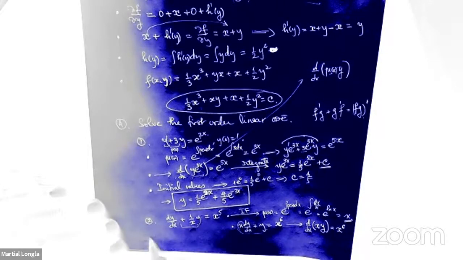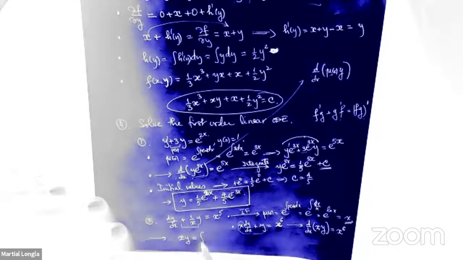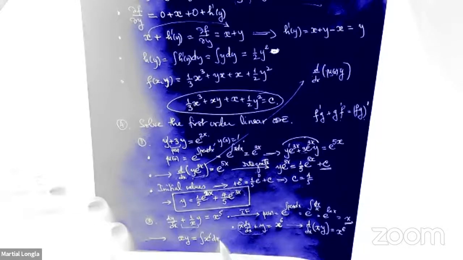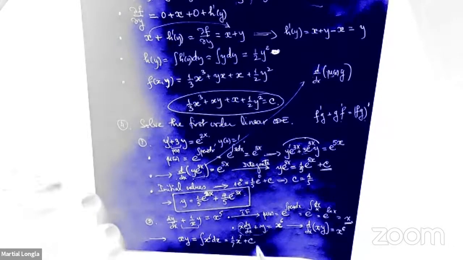And then you go to your next step where you integrate. When you integrate, you always get rid of that d over dx. After taking the integral, you get xy equals the integral of x to the 6 dx, which is 1/7 x to the 7th plus c. Again, most of the time we forget this constant of integration.